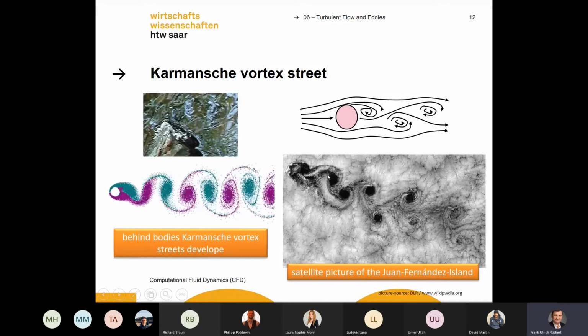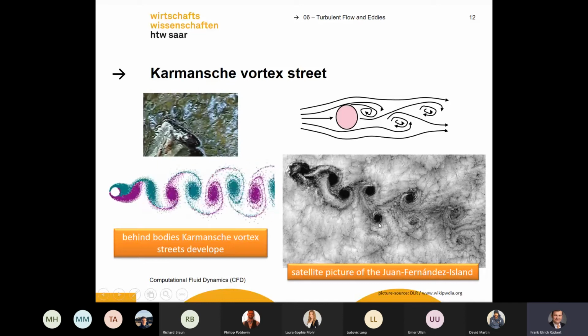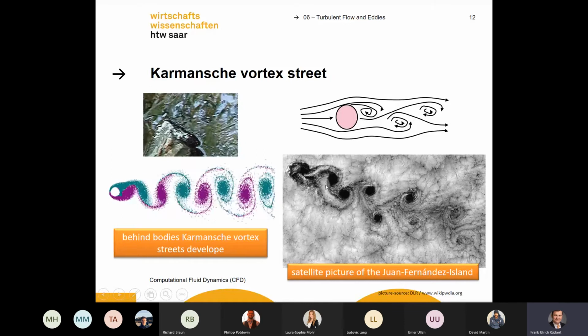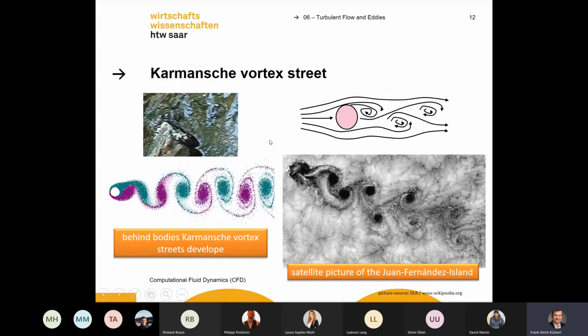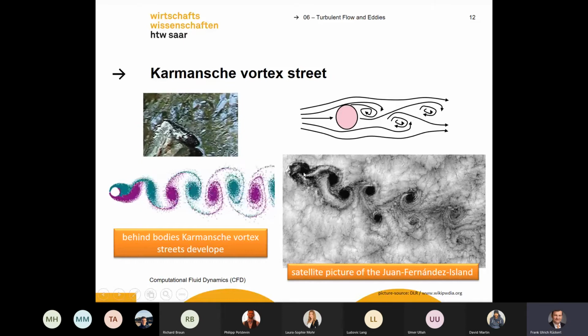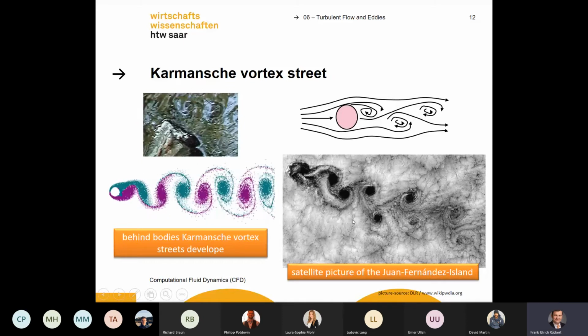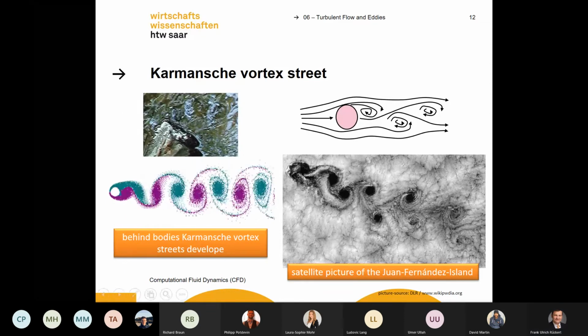These swirls are some 100 meters big, but they look pretty much similar to the small vortex street. So here again, you see these vortices look pretty much similar.